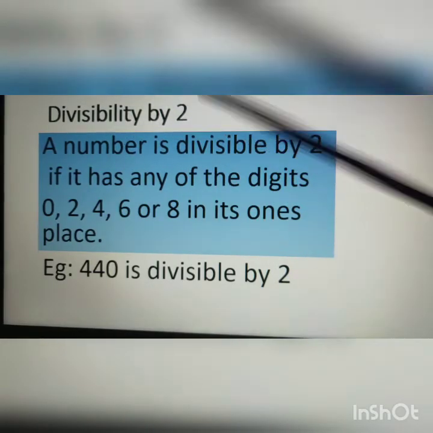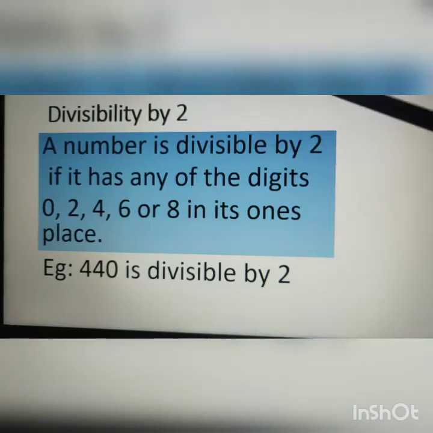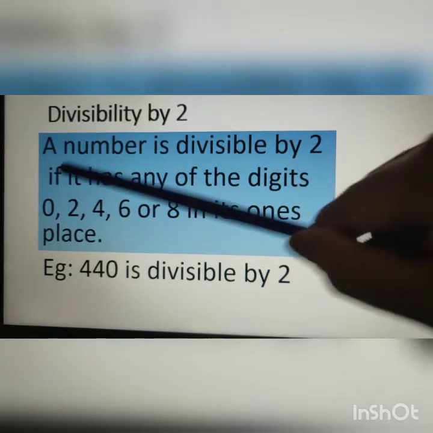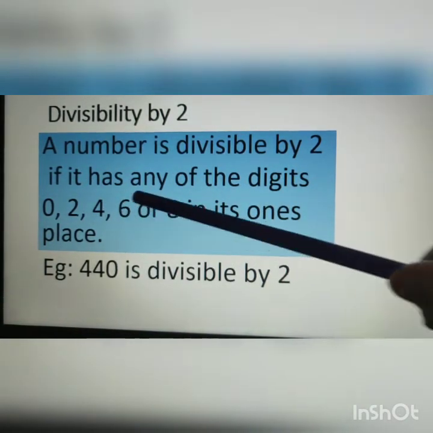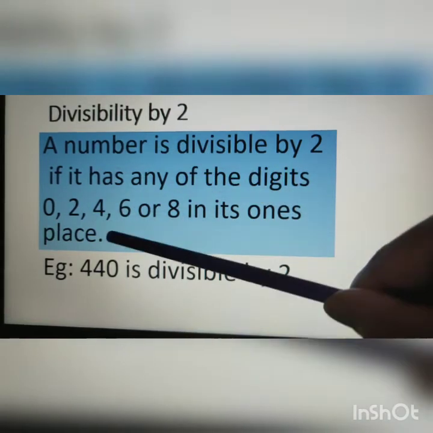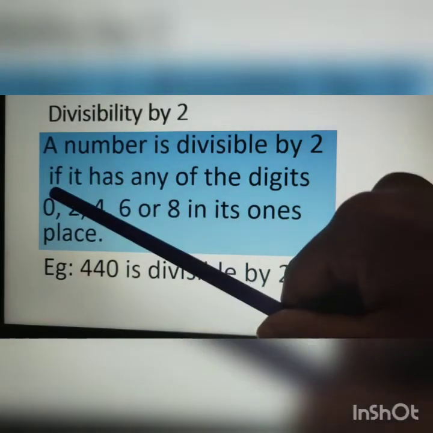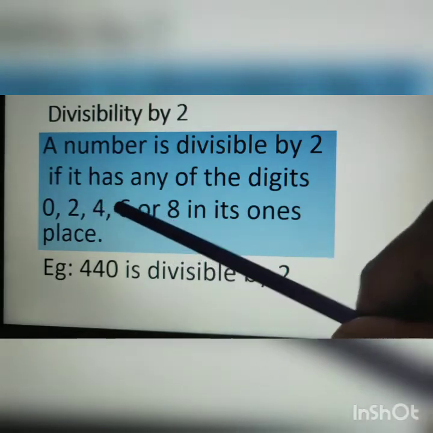Divisibility by 2. A number is divisible by 2 if it has any of the digits 0, 2, 4, 6 or 8 in its ones place. In the previous example we have discussed the numbers with units place digits 0, 2, 4, 6 or 8.